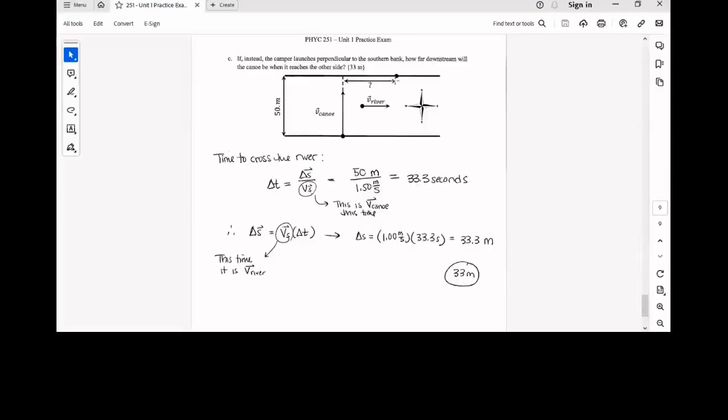So the quantity that is marked with the question mark, we could call this delta X, but I have a delta S written here, so this is the formula just in its general form. So the velocity of the river relative to the bank is all that's capable of carrying the canoe downstream. So 1.00 meters per second is valid here. We know the trip lasts 33.3 seconds. Therefore, the distance traveled in that time would be 33.3 meters.